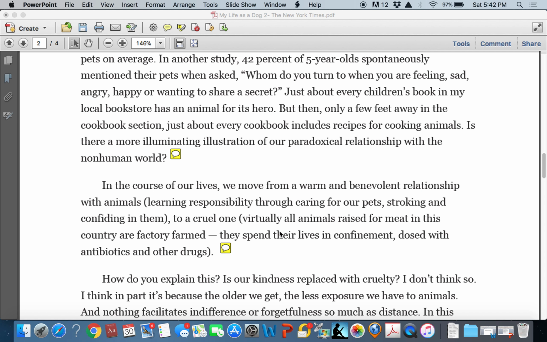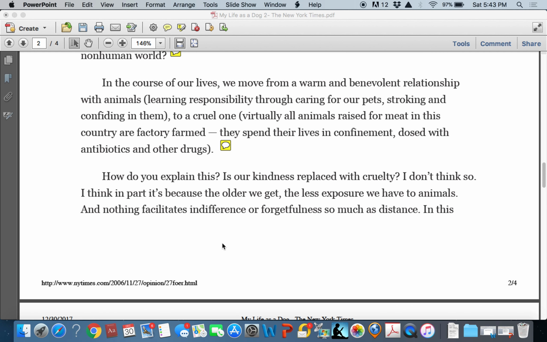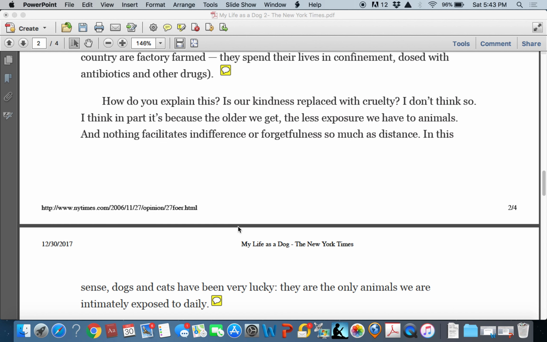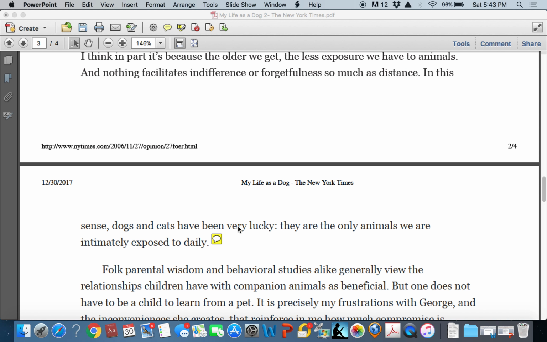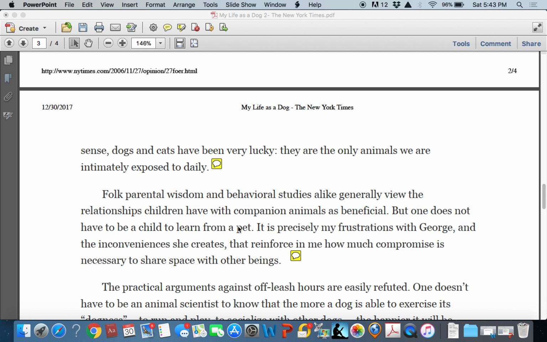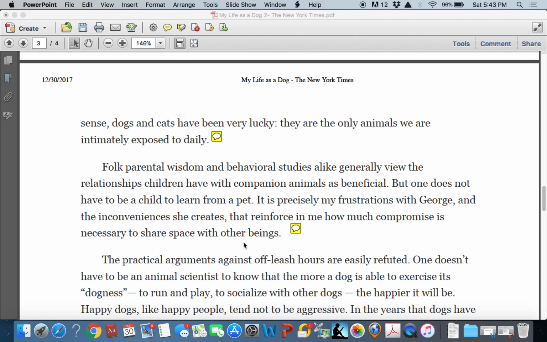And again, he talks about this paradox, moving from this warm relationship to a cruel one. Here he qualifies that his audience is not cruel, but just a little detached from the situation. And so it's sort of his job to bring us closer to the situation so that we can yield his call to action. And that is that idea of compromising.